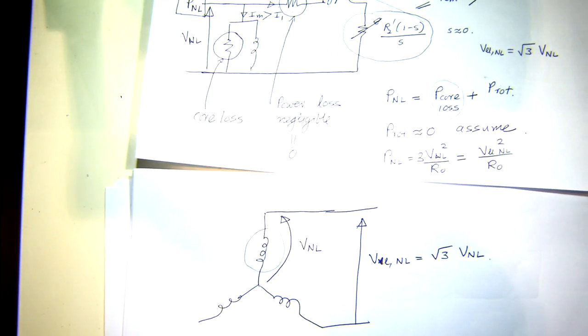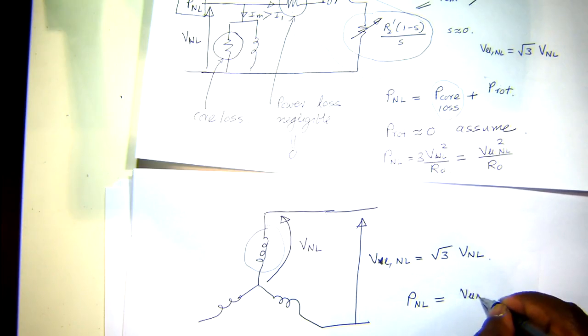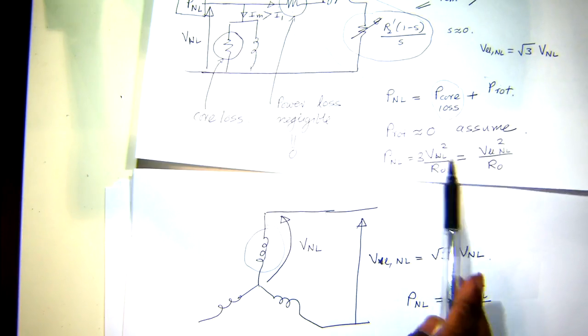So then your power P no load, that's the total 3-phase power, will be the line to line no load voltage squared over R naught. That's from this expression here.